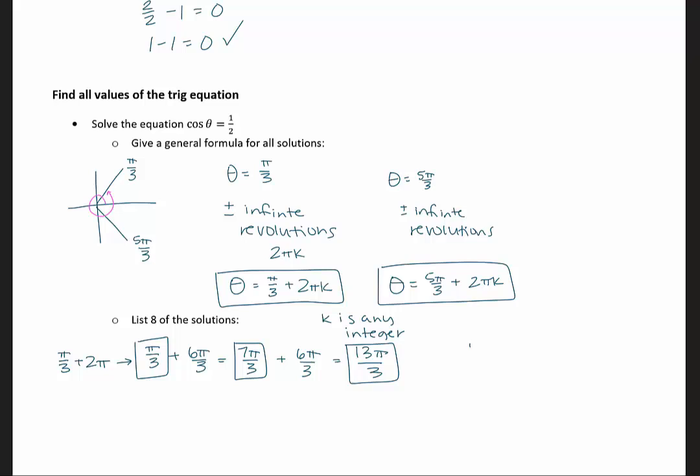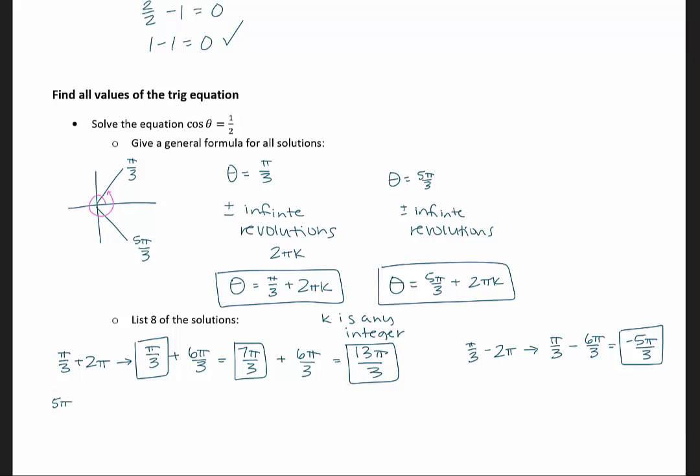I could also take pi over 3 and subtract 2 pi, which would be subtracting 6 pi over 3. And so that would give me negative 5 pi over 3. So there would be 4 solutions. And that's all looking at pi over 3 as our terminal ending point. So why don't you try it with 5 pi over 3?